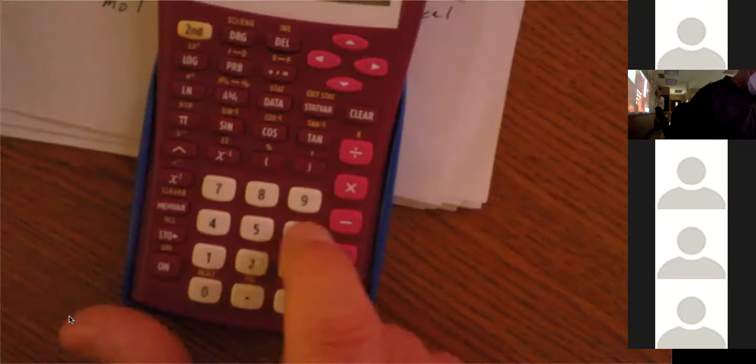And then we will add it to negative 57,891. And we will get negative 1, 2, 3, 4, 5. And if we wanted to, we could change this instead of joules per mole.